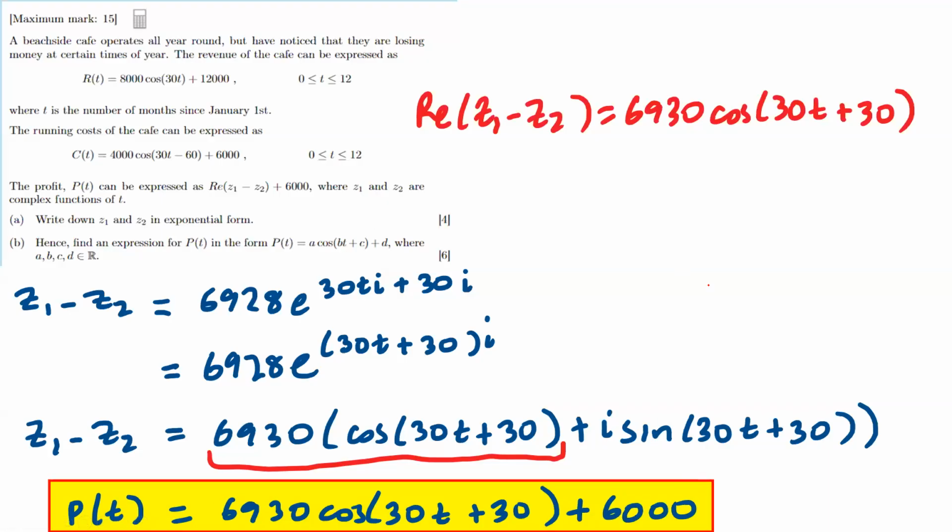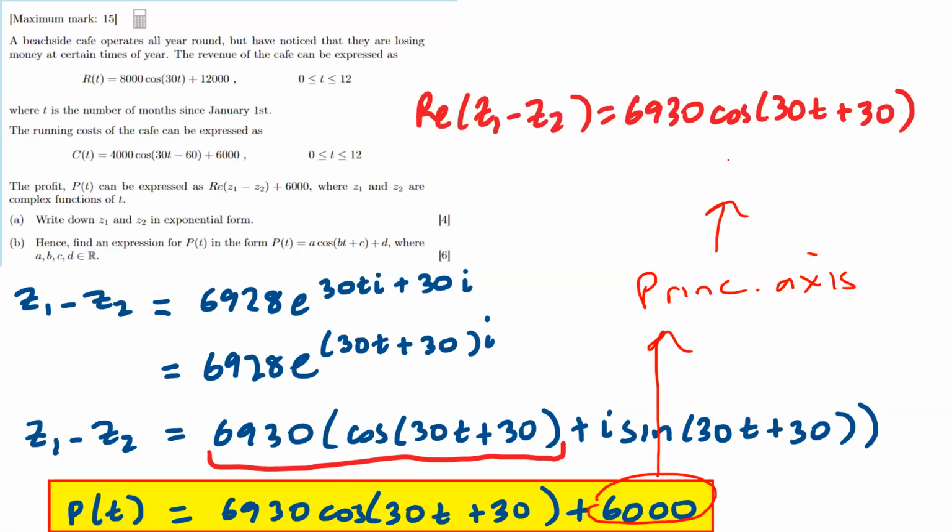The reason we know y min is 2,000 is because, for any sinusoidal function, this constant here is the principal axis. The maximum of a sinusoidal function is always the principal axis plus the amplitude.